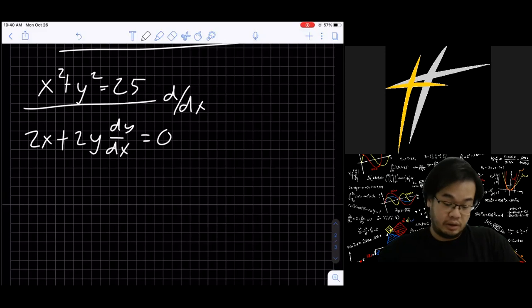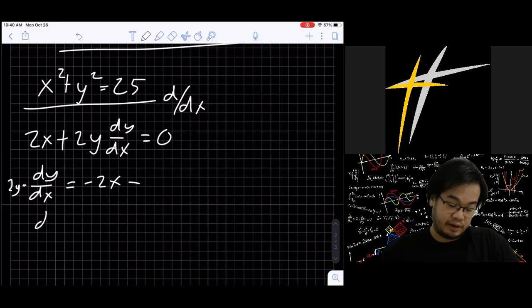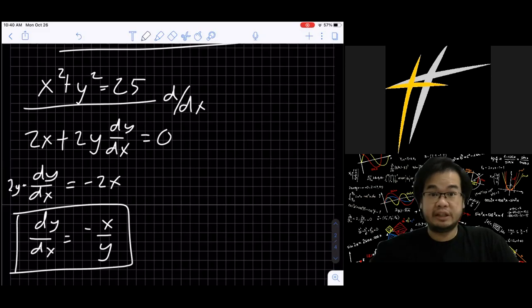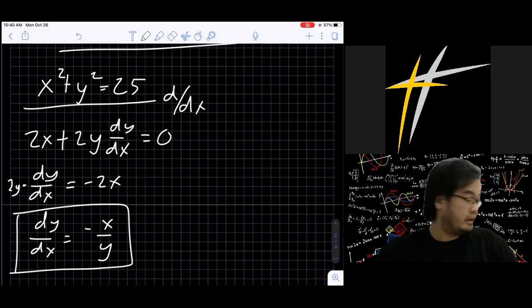Then I subtract 2x from both sides, and then I divide both sides by 2y, so I will have negative x over y. So this is the formula for dy/dx.